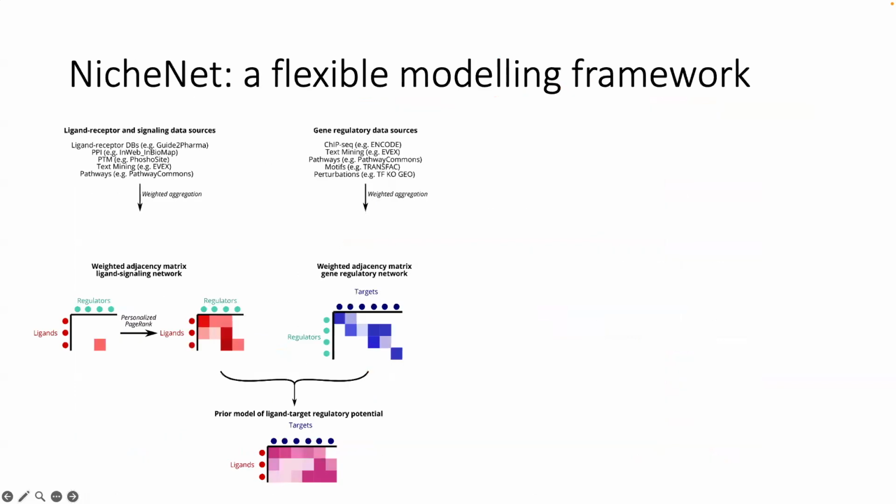What is very interesting about NicheNet is that it's not just a method, it's basically a very flexible framework. You can add data sources to this prior model to make the model more specific for your experiment. So what we do is we have the different steps.